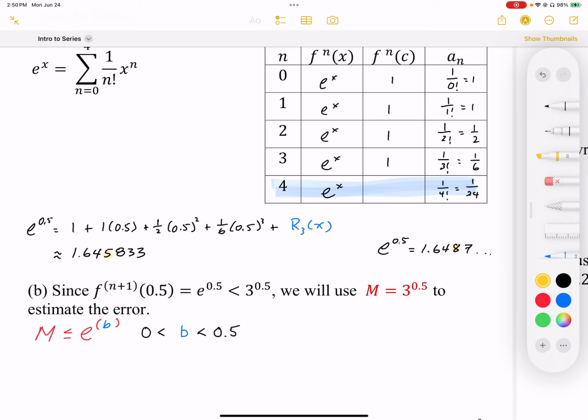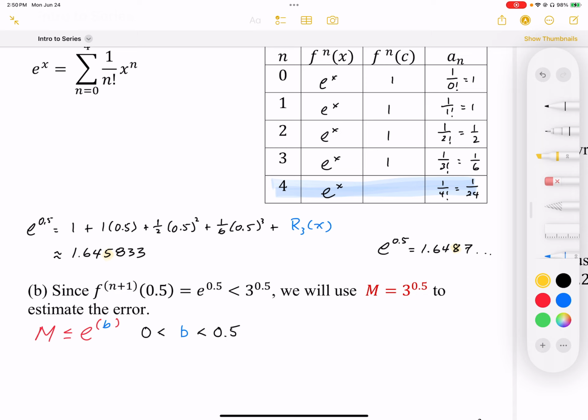If I plug in 0, I get 1. If I plug in 0.5, I'm going to get a number bigger than 1. And it's a strictly increasing graph, so we know that the maximum error must occur when we plug in 0.5. So we're just going to use 3 as an estimate for e.